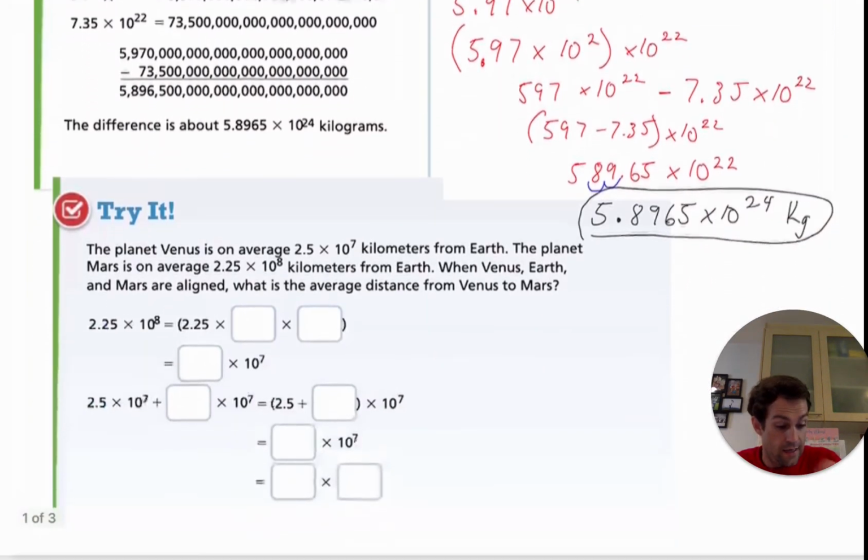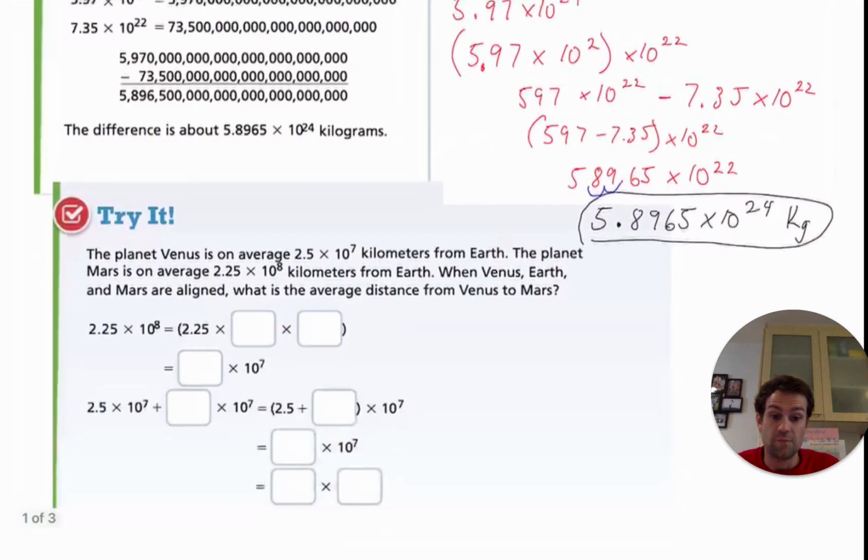All right, so you can go ahead and do this one on your own. I'm just going to have you pause the video, and then after you've tried it, then you can follow along. All right, so the values here we have are 10 to the power of 1 and 10 to the power of 7. So then we can have that same exponent. So this will be 22.5. We've changed that 2.25 to 22.5 because that's times 10.